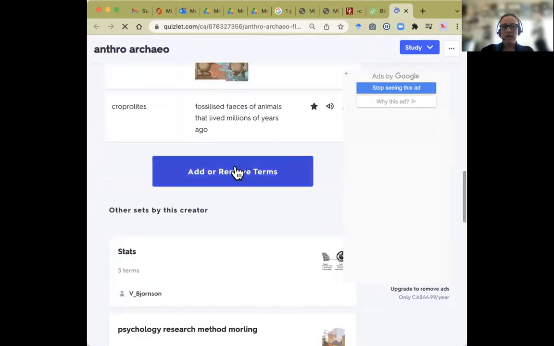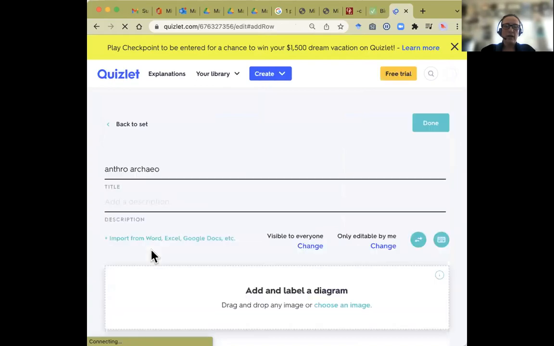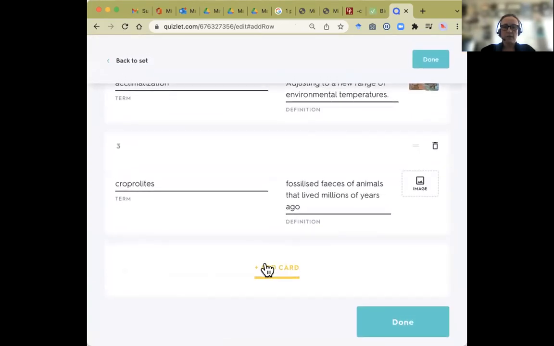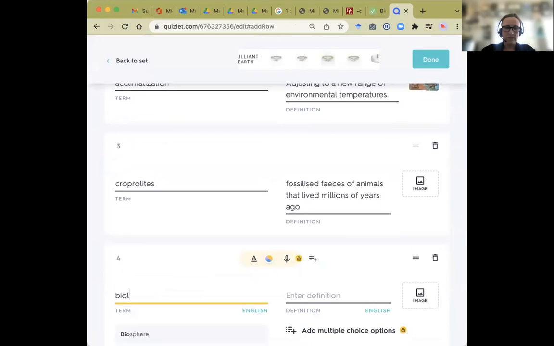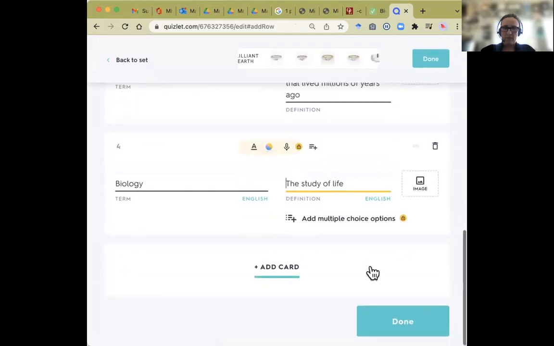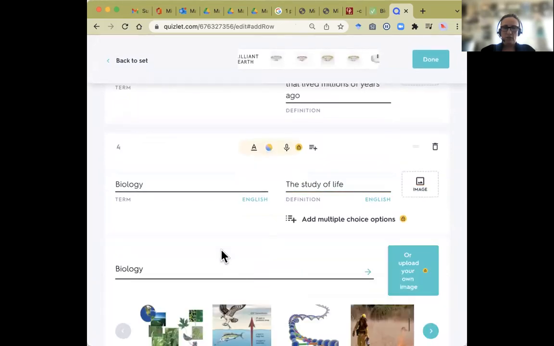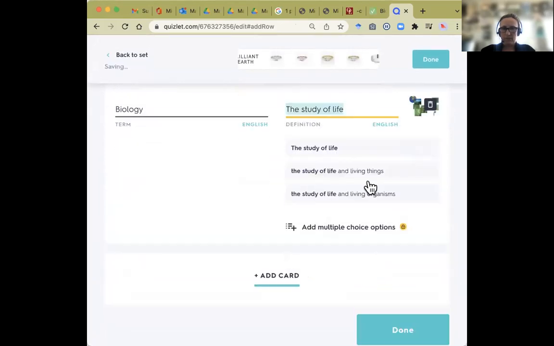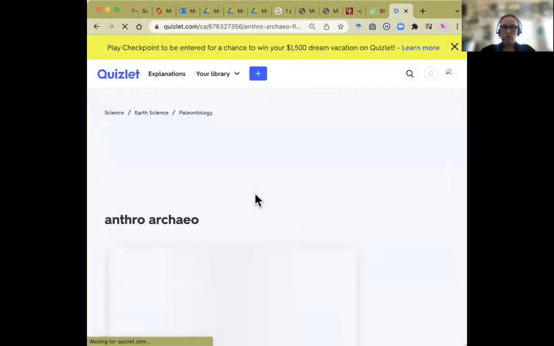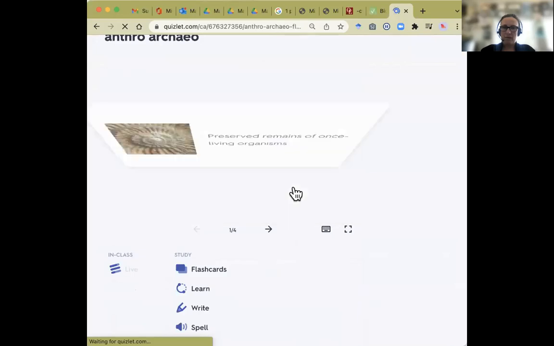You just add or remove, and you might have a word here like, let's just put biology, because it's easier for me to come up with a word like that. And that's the study of life. If I add an image, I can just throw in something that relates to biology, and then I'm done. And then it's going to show up in my flashcards, right?